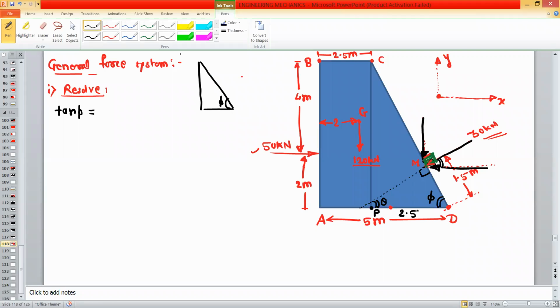So this angle is phi, this angle is C, this angle is P, and this is D. Okay, so this is a right angle triangle CPD. So in this right angle triangle, CP side is equal to 6 meter. Then PD is equal to 2.5. So you can use the trigonometry. Okay, tan phi is equal to opposite side divided by the adjacent side. So you can get the value of phi. This is equal to tan inverse 6 divided by 2.5. Okay, so if you have the calculator, then you can solve this.